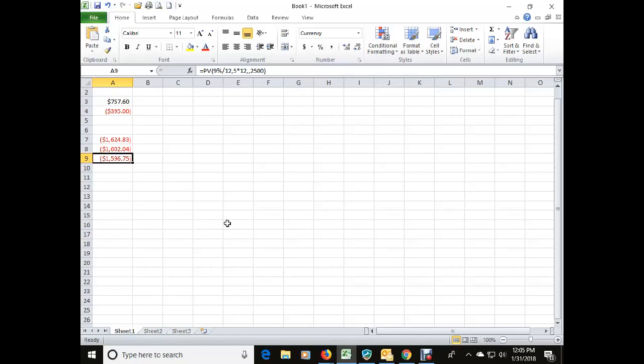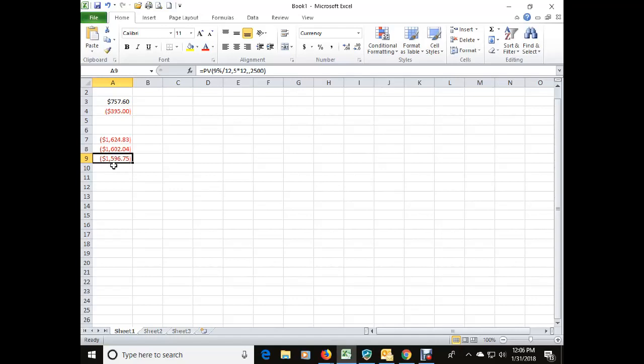Now the second part of the question, why is the present value lowest when the interest is compounded monthly? It's compounded more frequently. So this problem would basically be saying, how much would you have to put in the bank at 9% in order to have $2,500 in 5 years?